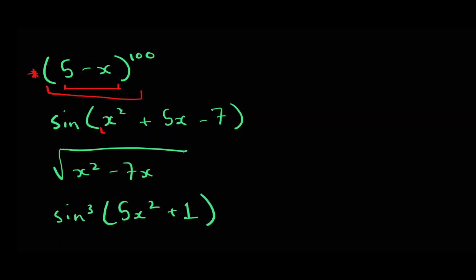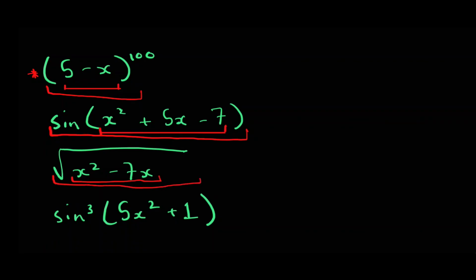And this next one is also a function within a function. As you can see, the inner function is x squared plus 5x minus 7. But then there's also an outer function, which is the sine function. Down here, we have the inner function of x squared minus 7x, with the outer function of a square root.